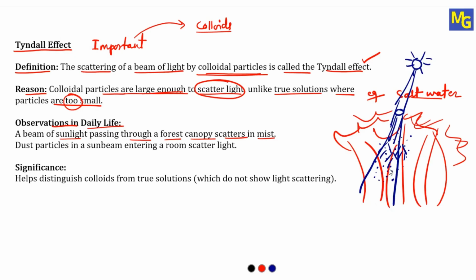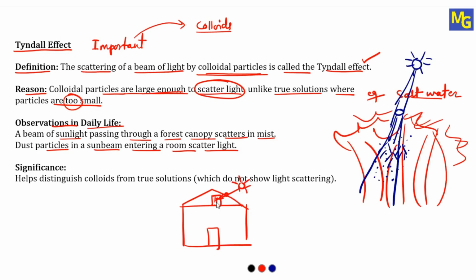Then the next example is dust particles in a sunbeam entering a room scattering the light. Remember, even in a room, we can see the Tyndall effect. Just imagine if this is a house, and somewhere on the top of this house, if there is a small hole, or somewhere on the window a little portion is open, the light from the sun can enter through that portion.